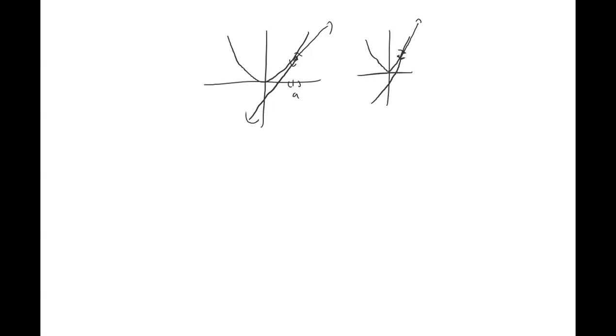For example, if I asked you to approximate square root of 4.02, I don't know what square root of 4.02 is, but is there something close by that I do know? Yeah, square root of 4, right?